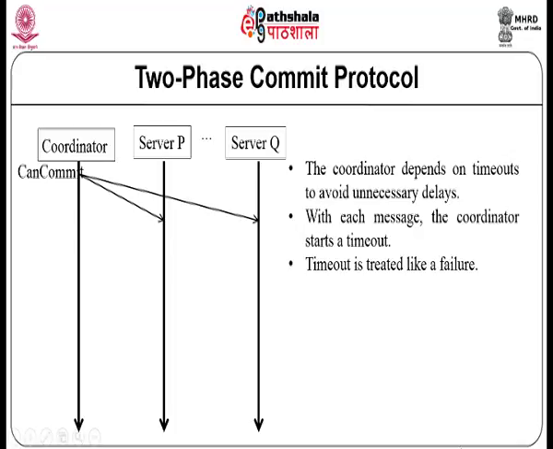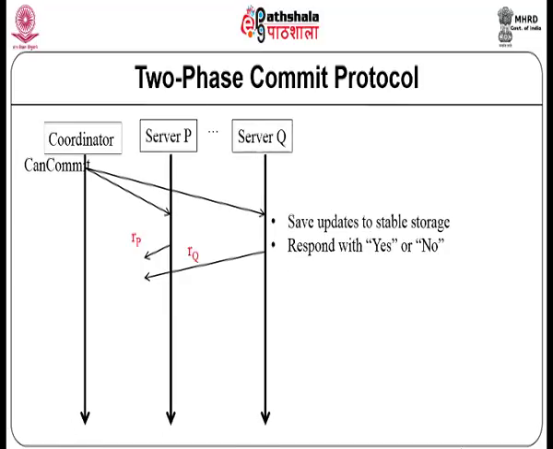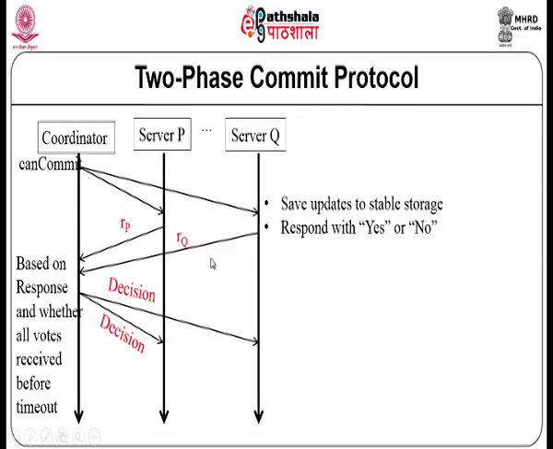If a server fails to respond within the timeout, the coordinator decides that it does not want to commit. All the servers' responses will be saved in stable storage, and each will say either yes or no. We take RP and RQ to be the responses of these servers.